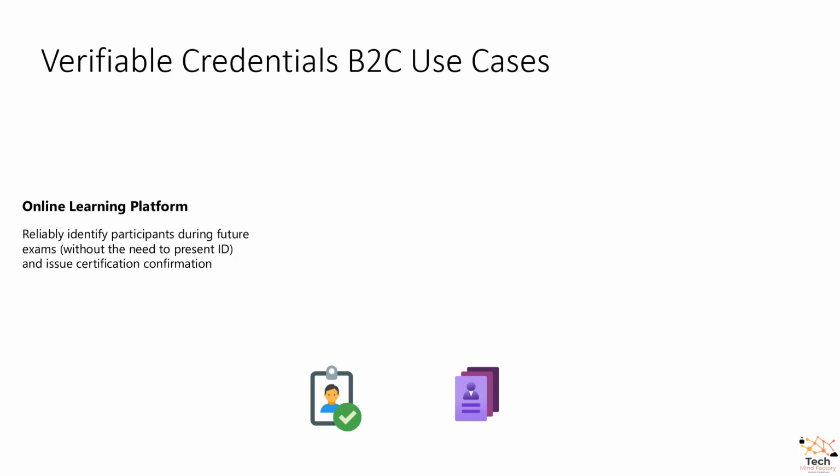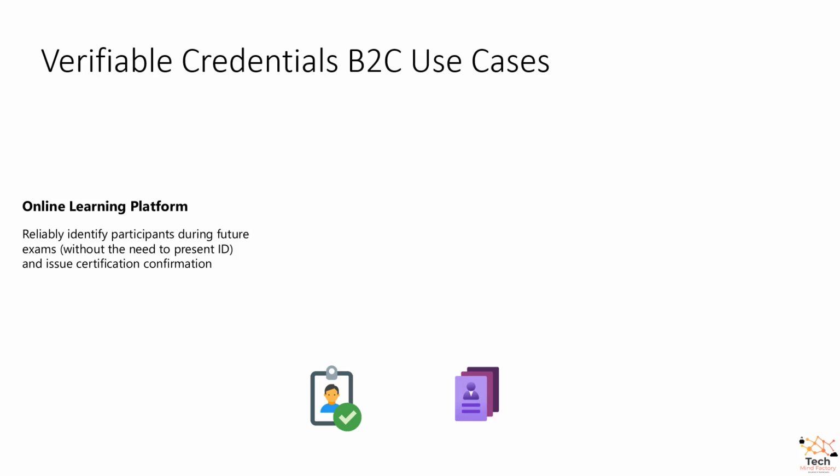But try to imagine the situation where you have to provide your passport photo only once. Then the verifiable credential is issued to you. You get it in your wallet, so in the Microsoft Authenticator app.